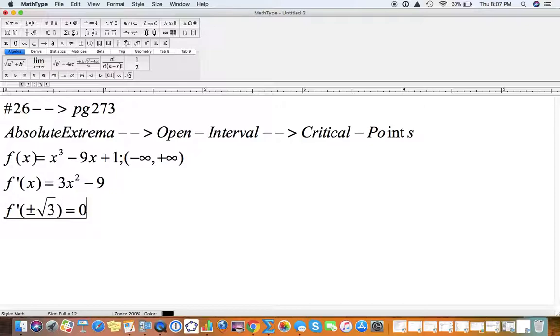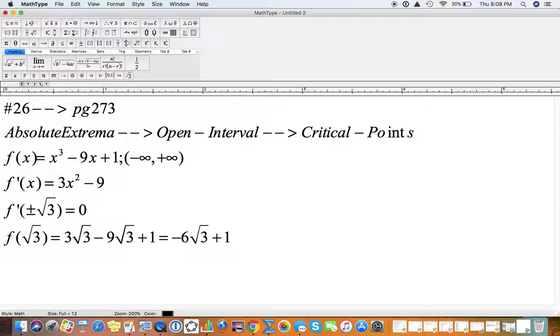Now we want to figure out which one is an absolute maximum and which one is an absolute minimum. If I put this into my original function, I find that at the square root of 3, we get 3 square roots of 3 minus 9 square roots of 3 plus 1, which becomes negative 6 square roots of 3 plus 1.